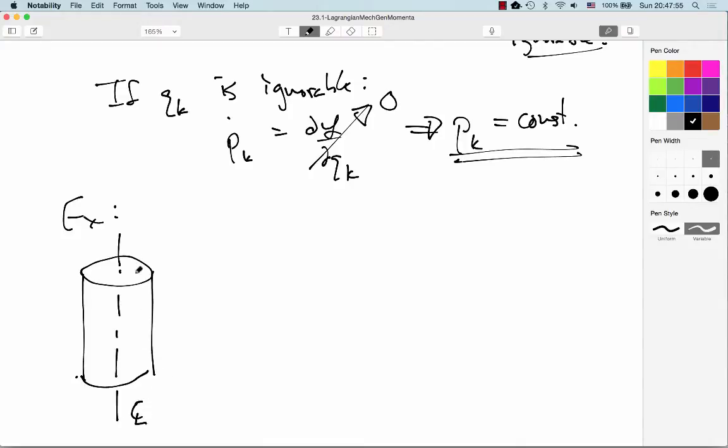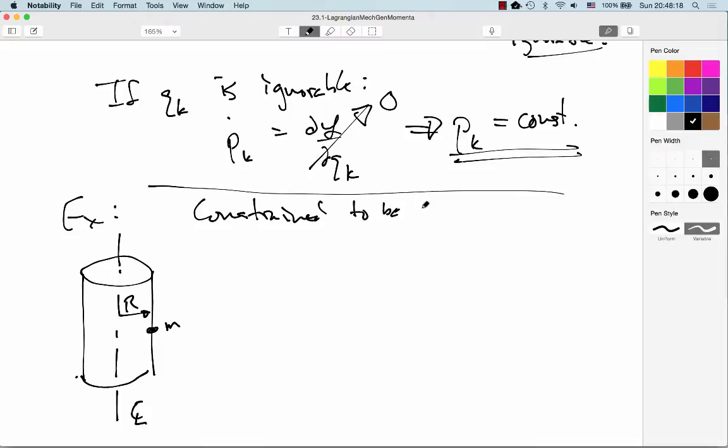All right. And we'll say that it's of radius capital R, and I have a mass M sitting on there, just somewhere. So anyway, we'll say that we're constrained to be on the cylinder.